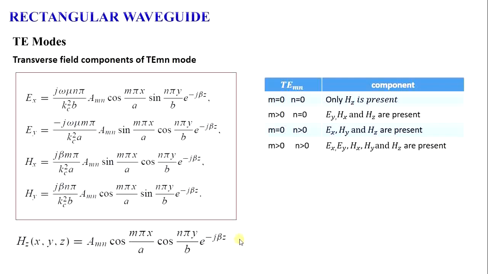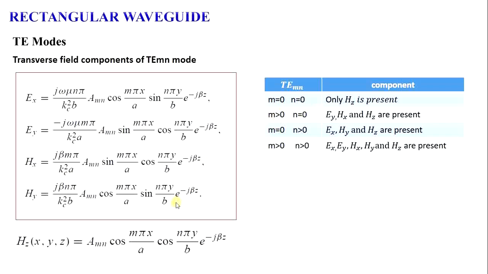So now in all these equations, if we put m equal to 0 and n equal to 0, only this Hz term will be present and the rest of the terms will become 0. So no Ex, Ey, Hx and Hy component will exist.